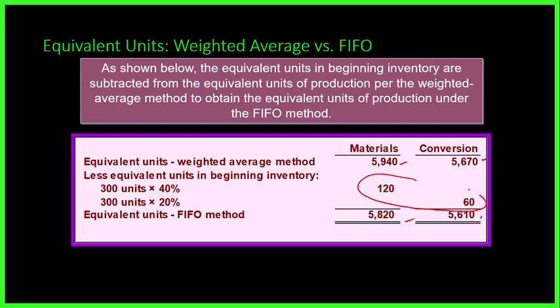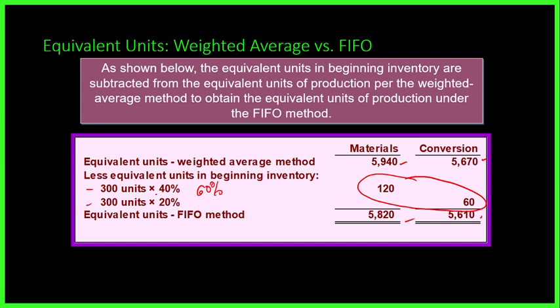The percentage of completion for your beginning inventory. Why do you have to deduct this? Because this is output from last period. Your output for this period is the opposite of completion, the non-completion, which means you did 60% of the work this period.